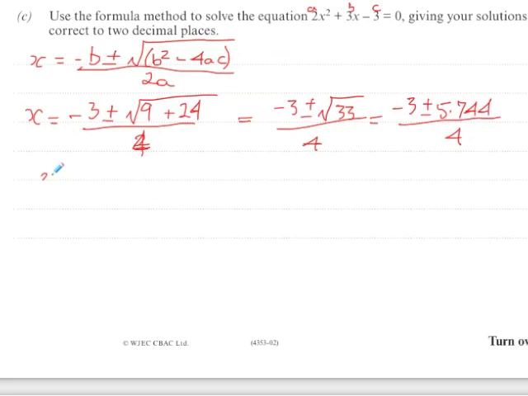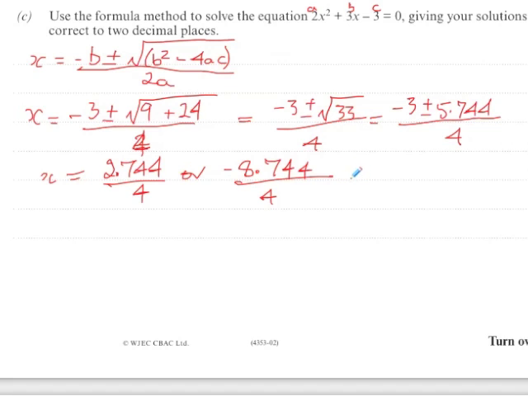So x equals minus 3 plus 5.744, which is 2.744 over 4, or minus 3 minus 5.744, which is minus 8.744, all over 4.